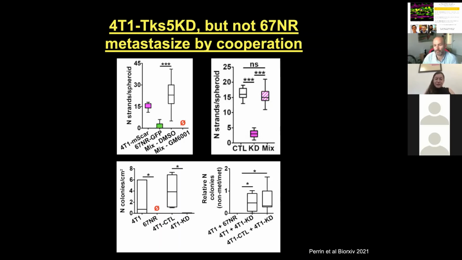And our hypothesis, and this is something that we're working on right now, is that the 4T1 TKS5 knockdown cells are collectively invading and they have cell-cell contacts based on E-cadherin, so they can intravasate as a cluster, whereas 67NR, because they're singletons, cannot follow the 4T1s into the blood vessel. So they can follow them into the tunnels of collagen, but not into the blood vessel.